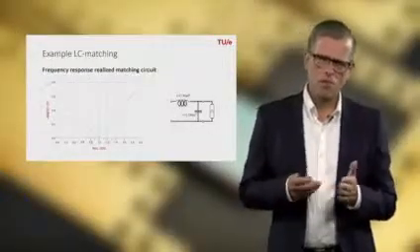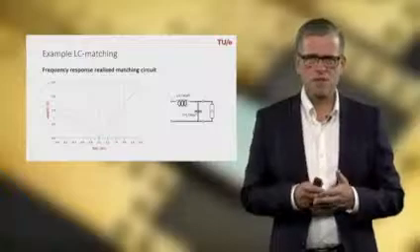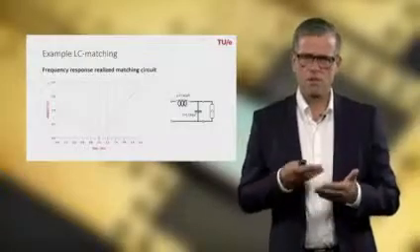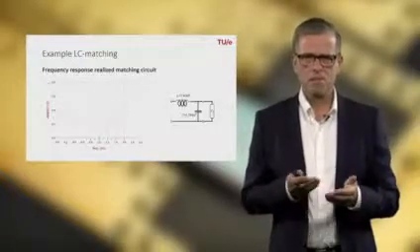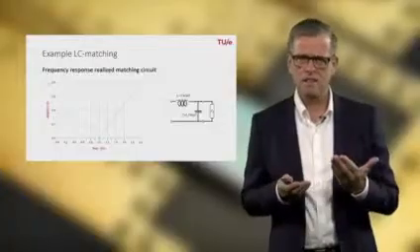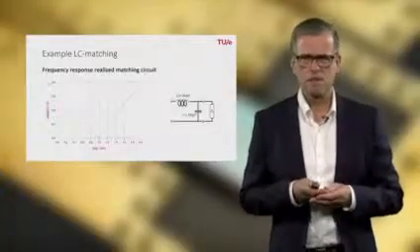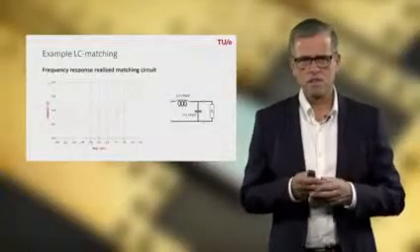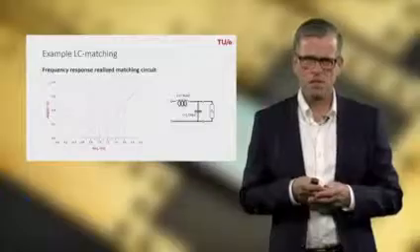However, if we move away from the design frequency, the matching becomes worse, and that of course is related to the fact that the impedances of the capacitor and the inductor are frequency dependent. So only at the design frequency can the optimal matching be obtained.